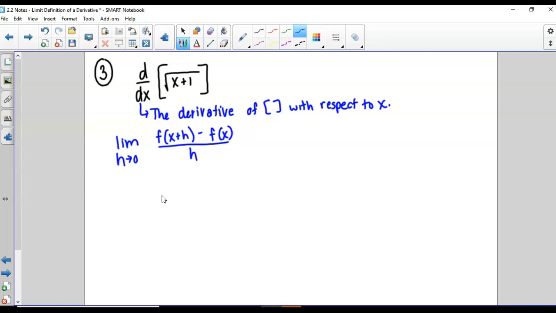So for this problem, we would have to do the limit as h approaches 0 of the square root of x plus h plus 1 minus the square root of x plus 1 all over h.